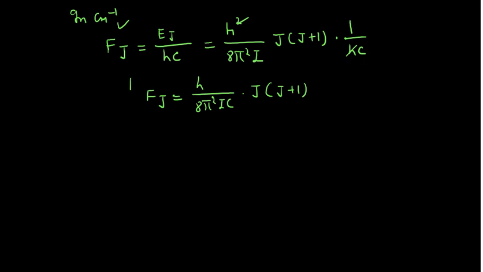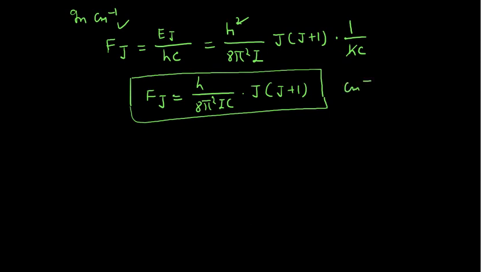See guys, this derivation, or this energy expression, I have already solved in my Raman spectroscopy video also, but I have solved it again. Of course, this would be in centimeter inverse. And now this term we can take as a constant, that is B. Why B? Because h is constant, 8 is constant, pi is constant, c is constant, only I would depend upon the bond length, since it depends on mu r square actually.